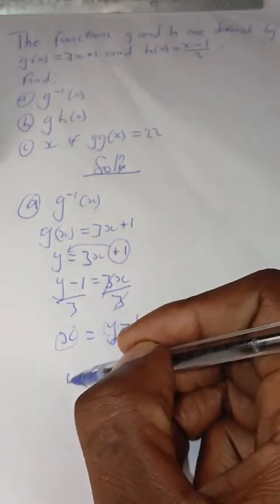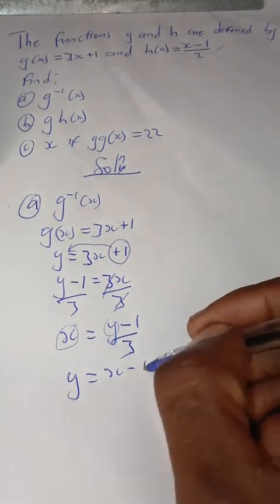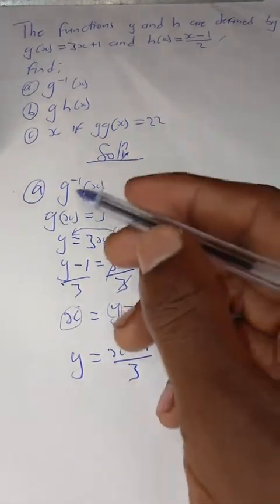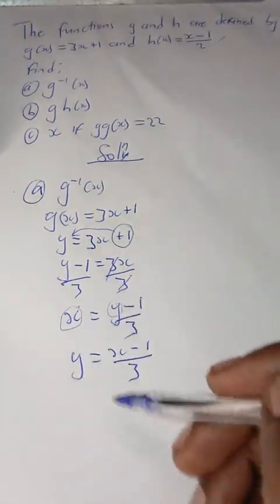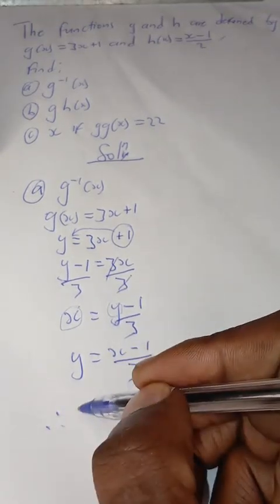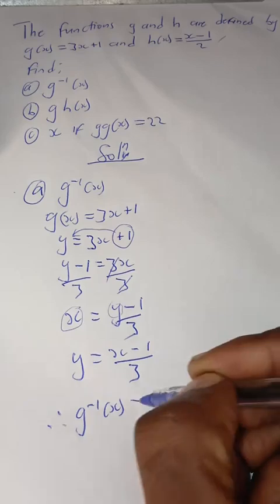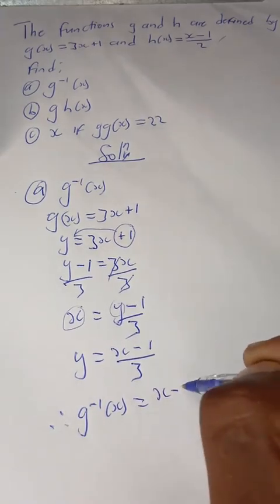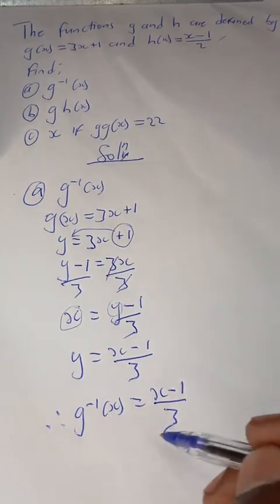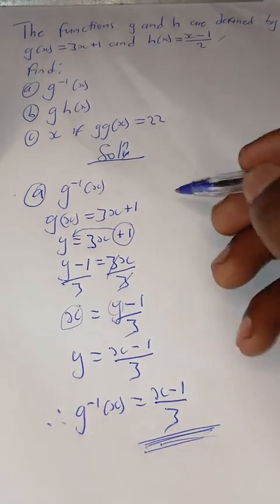So y is equal to x minus 1 over 3. What we're finding is the inverse, so replace y with the inverse expression. Therefore, the answer g inverse of x is equal to x minus 1 over 3. This becomes our final answer. This is the inverse which these people want you to find.